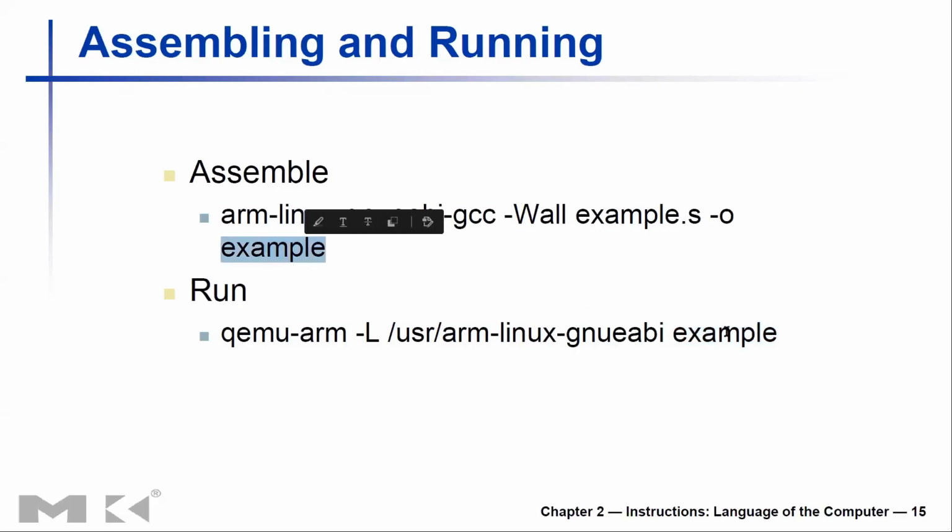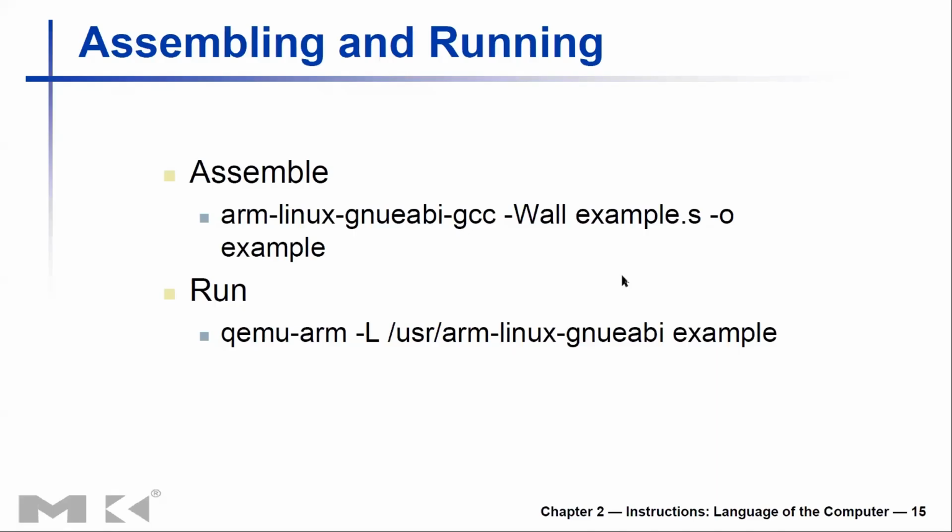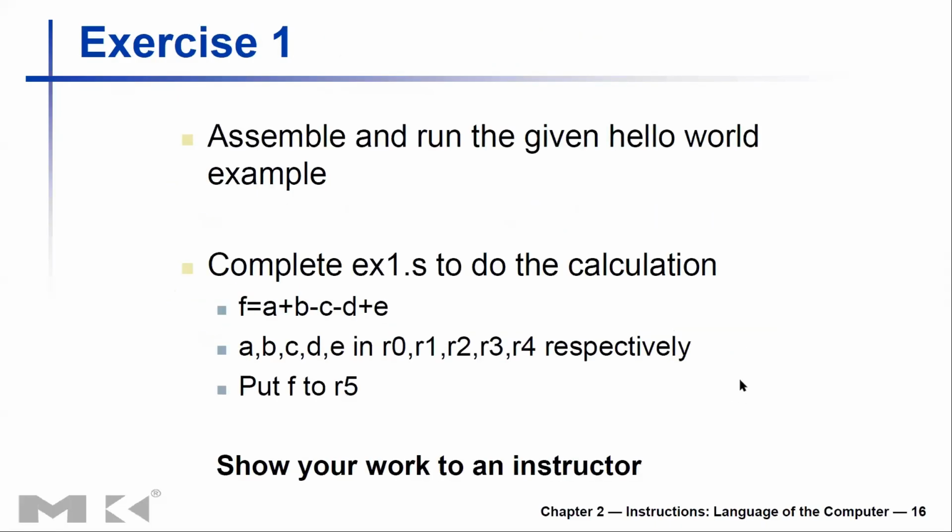It is the same name you gave here. So that's about it. And here we have an exercise for you to try. I can show you how you can execute these two commands to assemble and run a program, but that is going to be very simple, just running these two commands on a Linux computer.